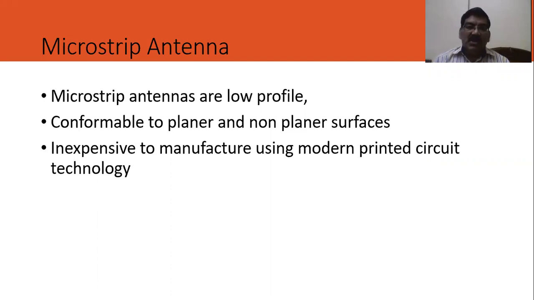Okay. Then it is inexpensive. Whatever the printed circuit board technology, that is PCB technology, whatever PCB we are using for various circuits, with a different substrate, that is dielectric, there is a copper layer, and we do the etching and we have a track.